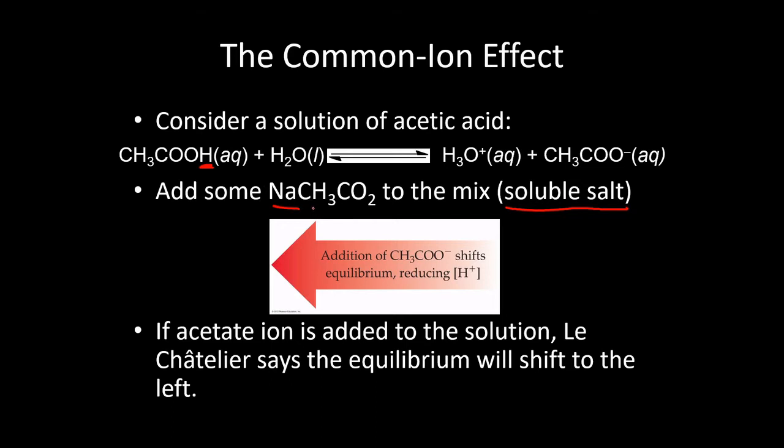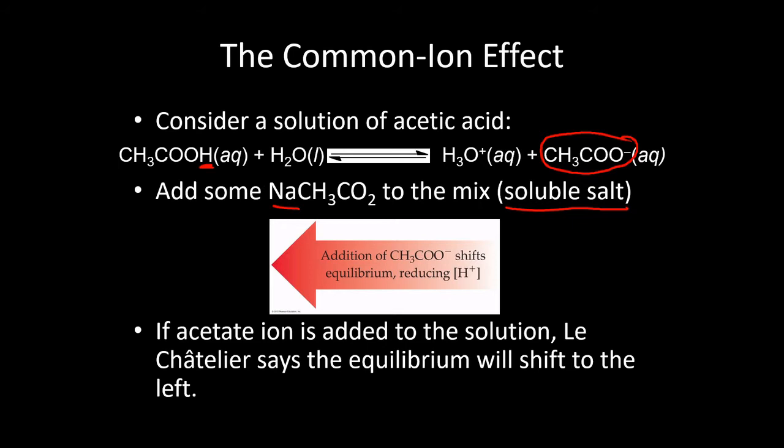Now the key thing to realize here is that the acetate ion that the sodium acetate puts into solution is the same ion that is created when the acetic acid dissociates. It is in fact the conjugate base for this reaction up here.